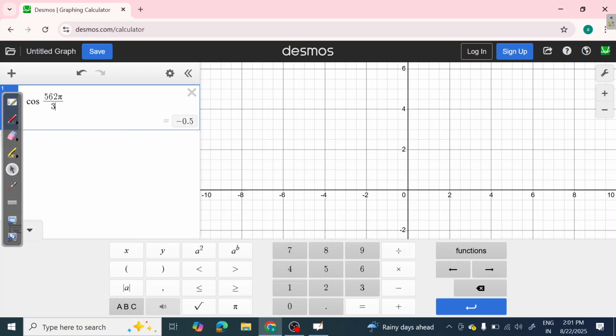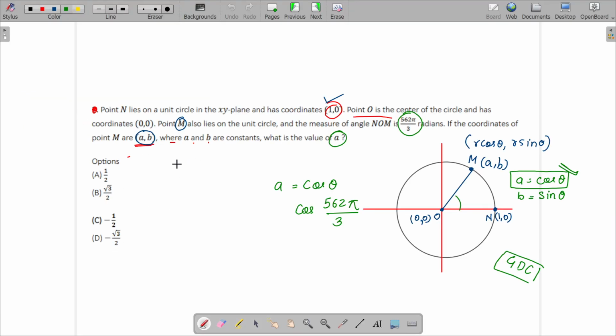It's negative 0.5. But in your options, the answer is not given in decimals. It is given in terms of fractions. I am very sure that my answer will be negative, so all the positive options get eliminated. Either it is C or it is D.